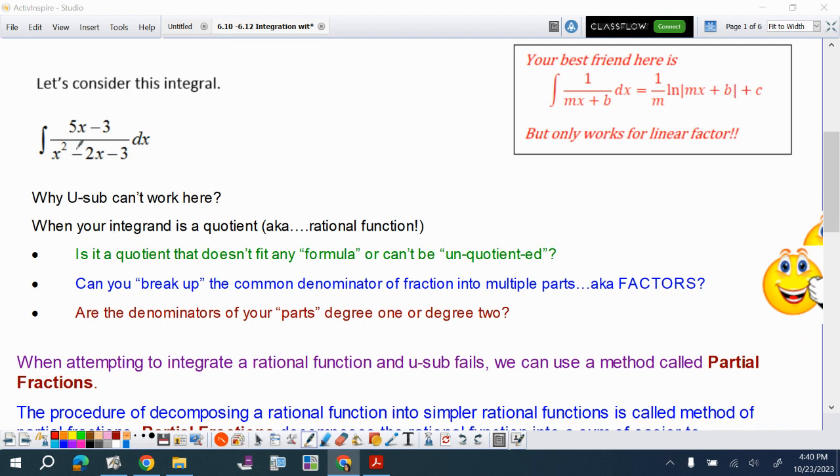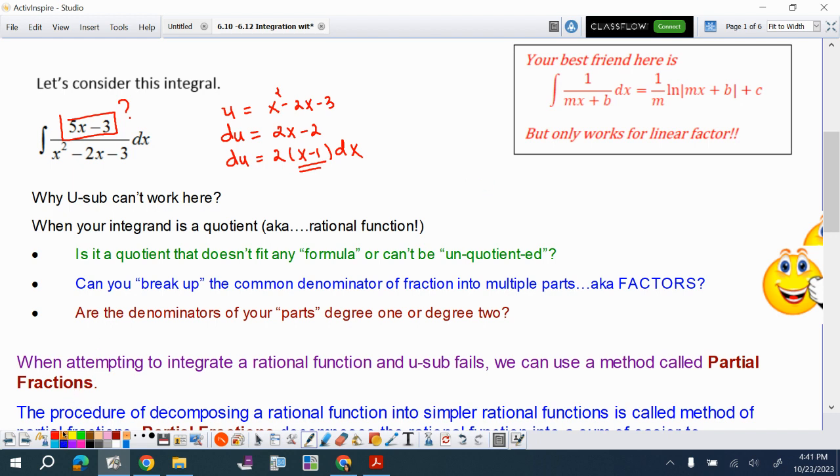Okay, so now let's consider this integral, which has the same denominator. If I say u is equal to x squared minus 2x minus 3, du is equal to 2x minus 2. And no matter what I do, this u substitution does not work at all because of this 5x minus 3, and you have x minus 1.